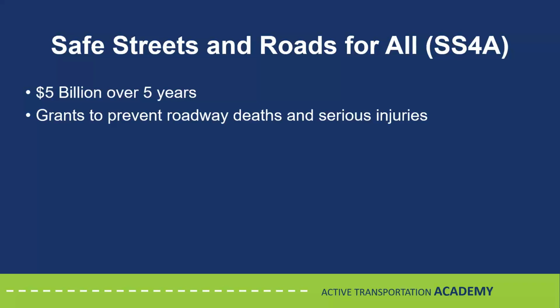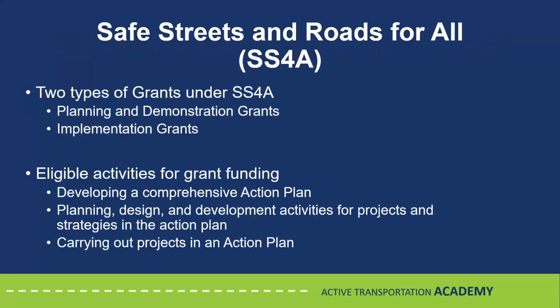The SS4A program funds regional, local, and tribal initiatives through grants to prevent roadway deaths and serious injuries. The SS4A grants can fund your Vision Zero action plan or associated activities. So there are 2 types of grants under the SS4A. There's the action plan grant, and then there's also number 2, the implementation grant. And those action plan grants can also be essentially your Vision Zero plan.